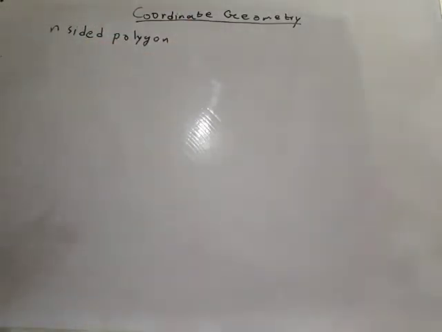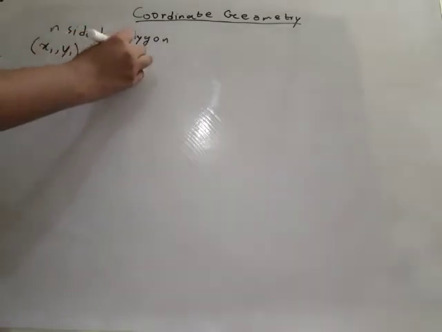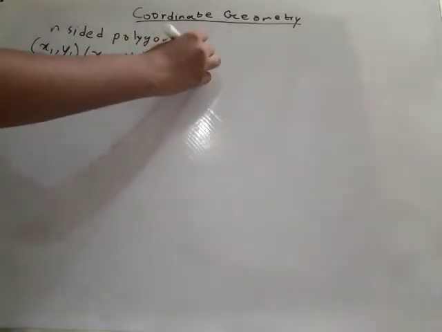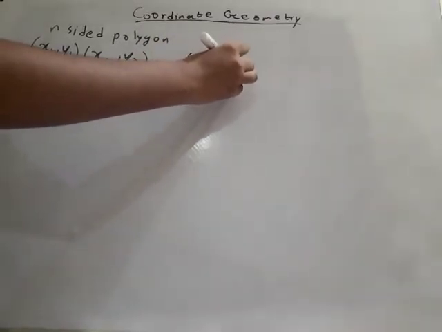If there are n sides, there are n vertices. So let the vertices have coordinates x1, y1, x2, y2 and so on up to xn, yn.